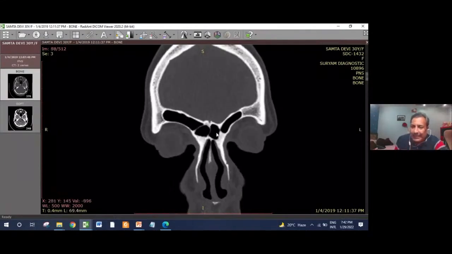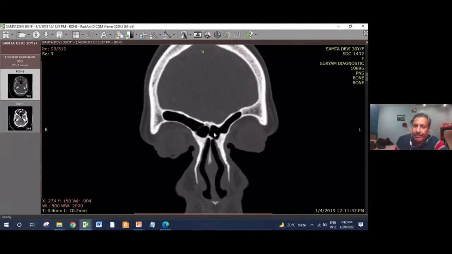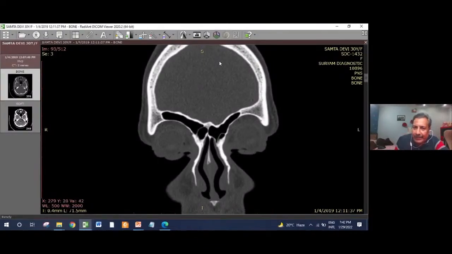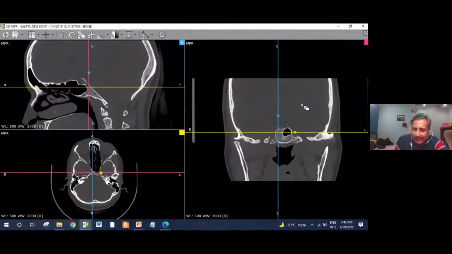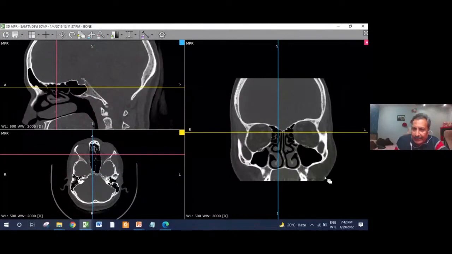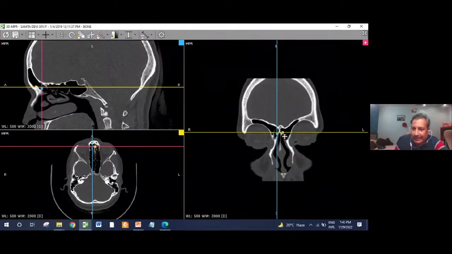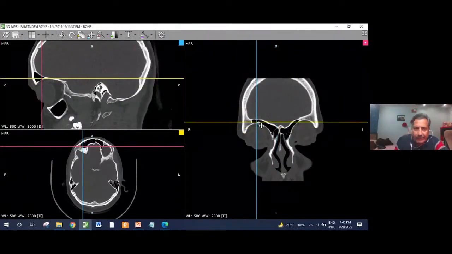So how to identify the supraorbital cell confidently? Let me run in all three planes again. See this? All three planes. And let me see that cell. Let me show you again. That was my supraorbital cell. See this supraorbital cell.